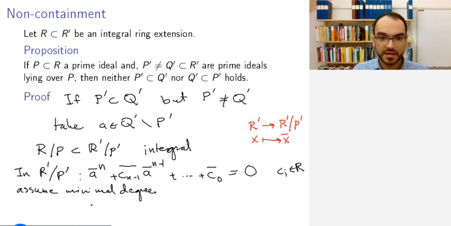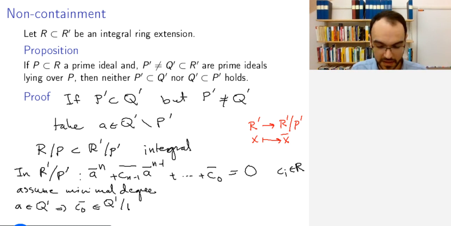But then our element A belongs to Q prime. So this implies that C naught bar, so everything here, except possibly for C naught bar, automatically belongs to the quotient image of Q prime, so does C0, because it's the remaining term in the equation.